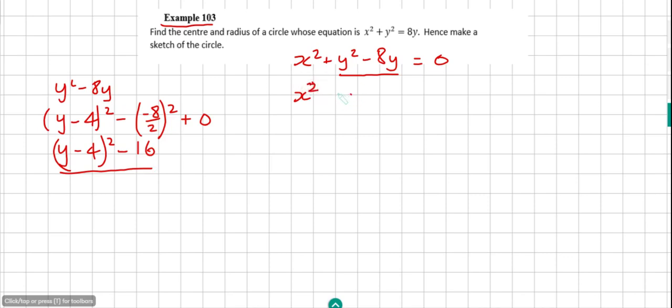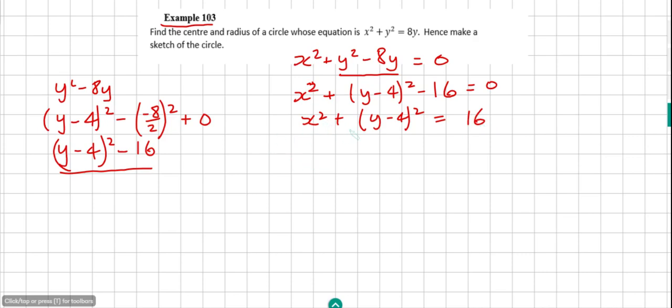Got x squared plus (y minus 4) all squared minus 16 equals 0. And I want to get it in the form where the number on its own is over the other side of the equals, so that's the r part of it. So I've got x squared plus (y minus 4) all squared equals 16.